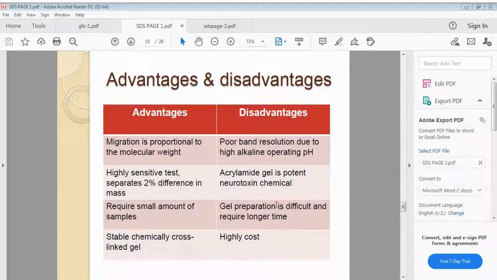Now, as I told you, gel preparation is on a trial and error basis. Okay, it is not easy for a first timer to prepare the gel. By practice and experience you can prepare the gel. The polymerization is a little difficult. The appropriate use of TEMED and APS, ammonium persulfate, is very important for the initiation of the gel setting and the polymerization.